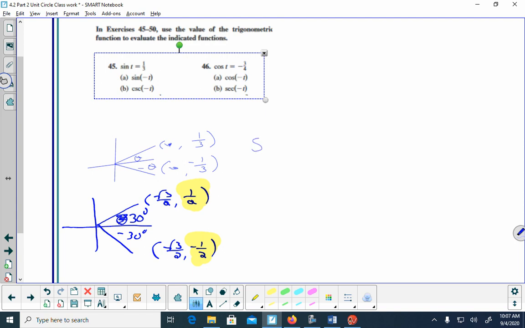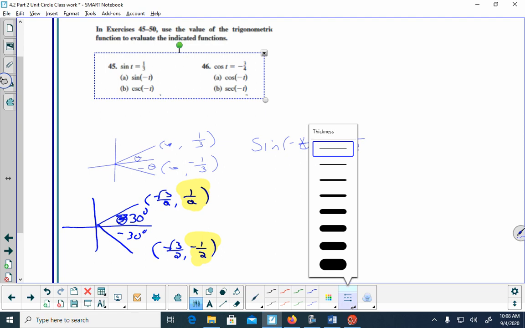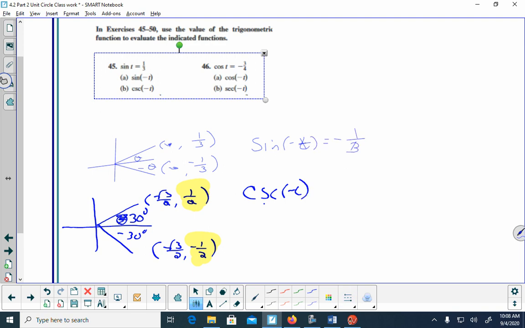So the sine of negative t is equal to negative 1/3. It's still going to have the same number, but it's going to change signs. So now the next one I'm going to do is the cosecant of negative t. I'm just going to go up here to the sine of negative t and take the reciprocal, so that would be negative 3.